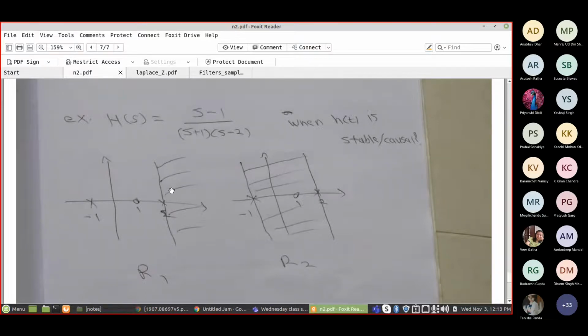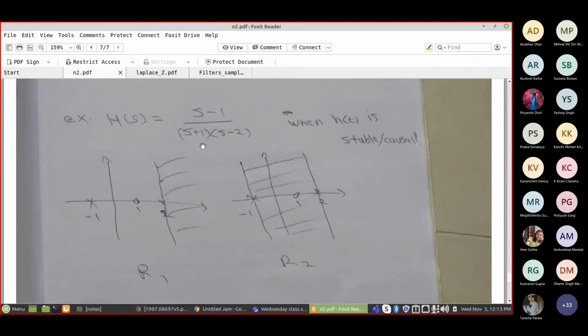Let's look at this. We want this to be stable and causal. Is this ROC stable? No. This is not stable because the j omega axis is not in here. Is it causal? Yes, it is causal because the ROC is to the right of the rightmost pole.